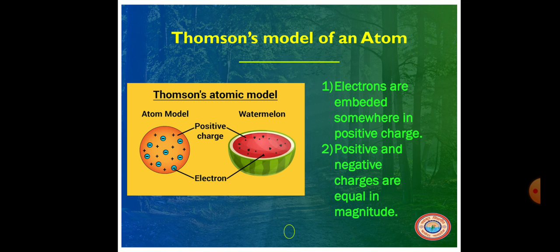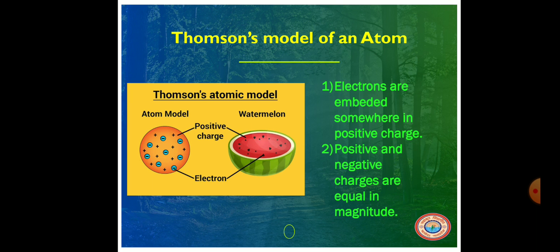We know that there are two charges in an atom, positive and negative charge. Thomson said that the positive charge in an atom is like the red part of the watermelon. It is spread all over the area, and the negative charge is like seeds of the watermelon. It is embedded in the positive charge.